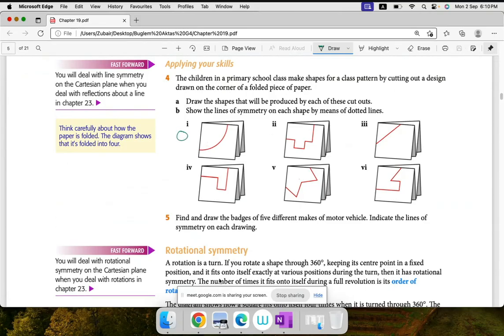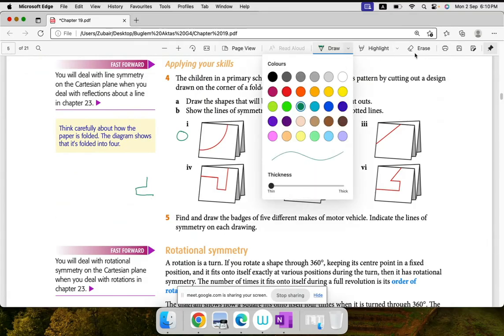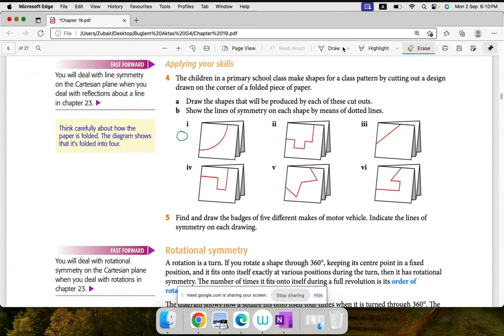Now I'm going to try the fourth part. So when I just open it, basically I can see this shape. I've just drawn that shape, or let me draw it as an exact copy paste.